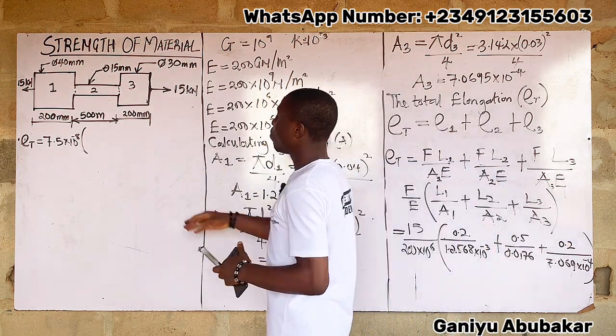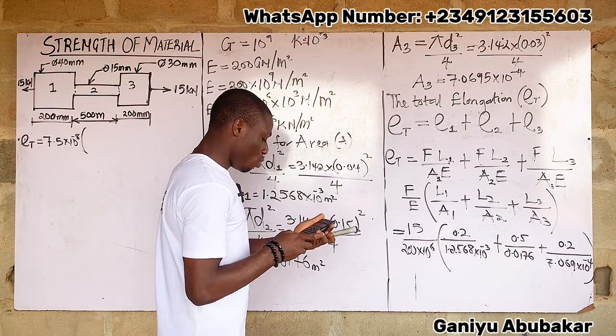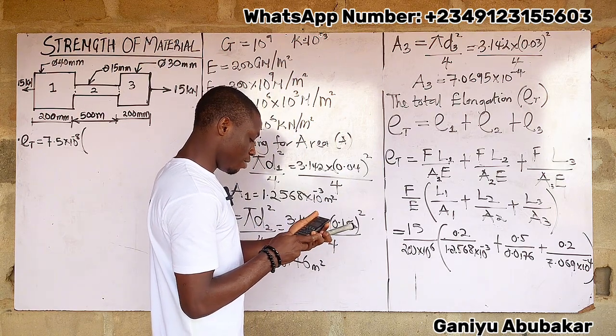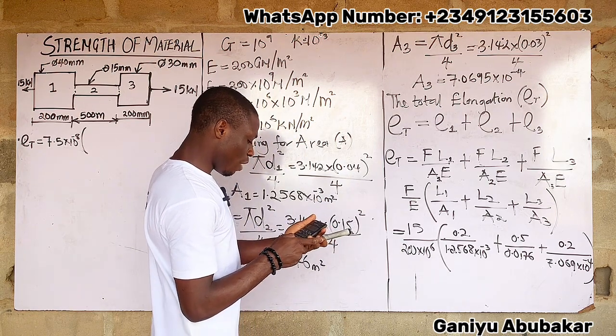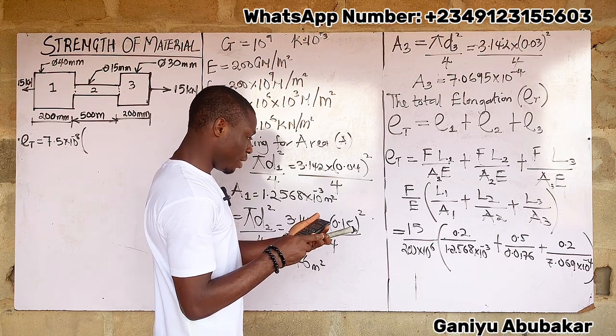Let's divide 0.2 by 1.25668 times 10 to the power minus 3.